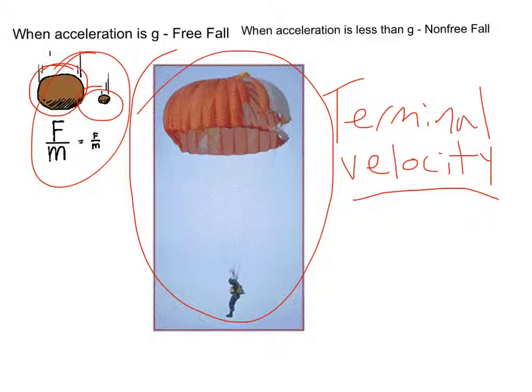Now, that's not to say that you get to a certain point and then suddenly stop accelerating. It's not that this parachutist will accelerate at 9.8 until they reach terminal velocity and then go to 0. As the parachutist falls, acceleration decreases because the net force on the parachutist decreases. Okay, so it takes place over time, not an instantaneous thing.